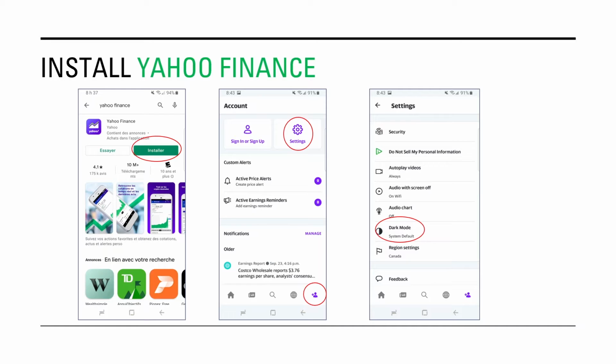You need to know what price they're at, and you need a place where you can follow the stock market every day. So you can follow news, you can see the price variations, information about the companies you bought. So that's the first application that's really important for new investors.